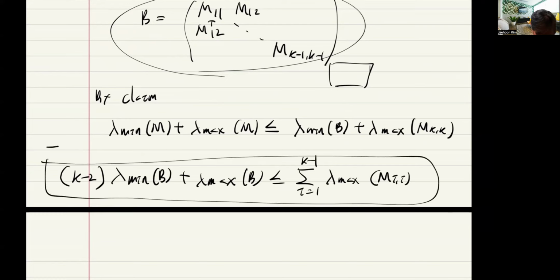This is what we know from the induction hypothesis.